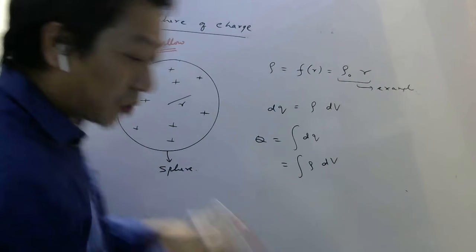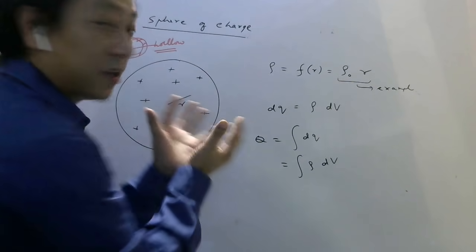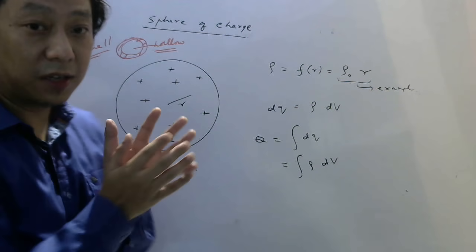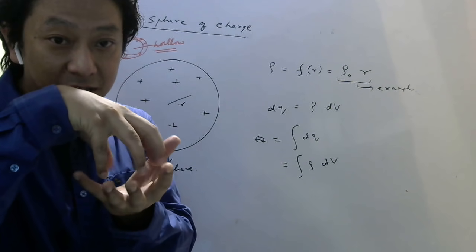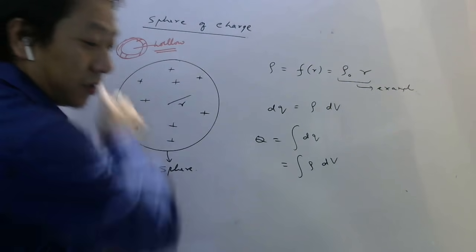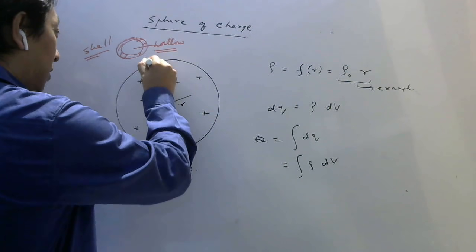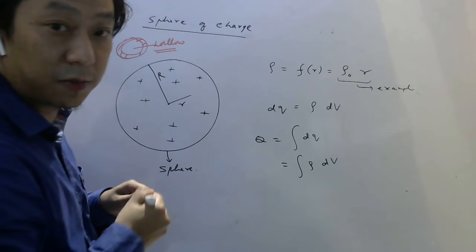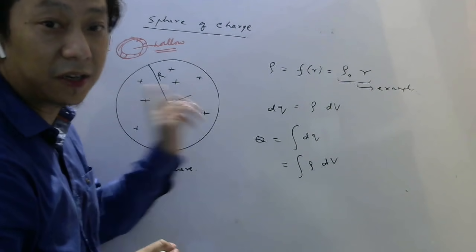Understood? So what you can think is this whole solid sphere which has charge everywhere can be considered as made up of 3D shells, starting from 0 radius till you reach the radius of this sphere, which is, let's say, capital R. Small r is just a variable which tells you how far you are from the center.